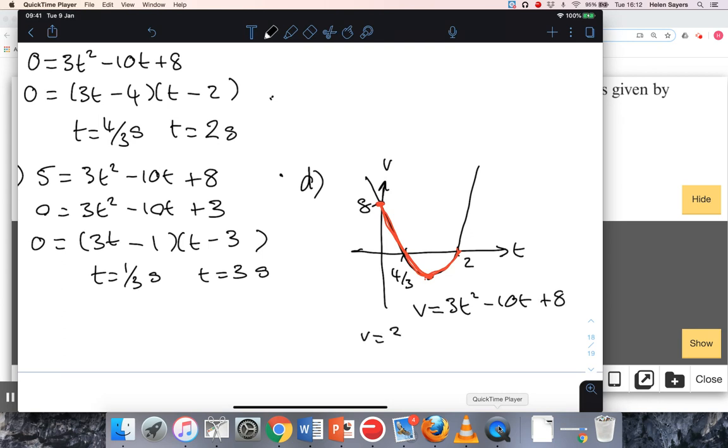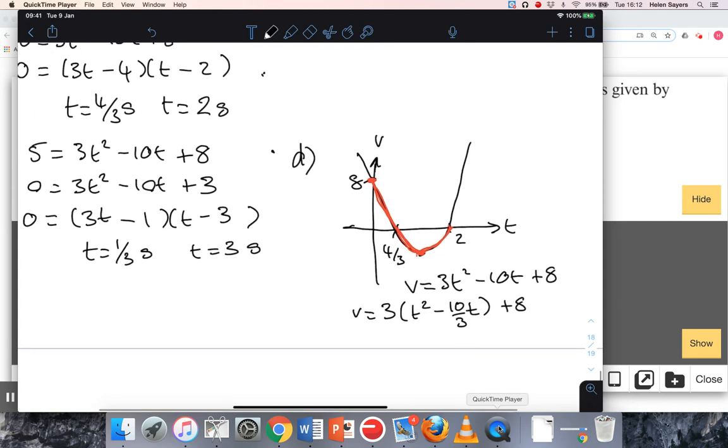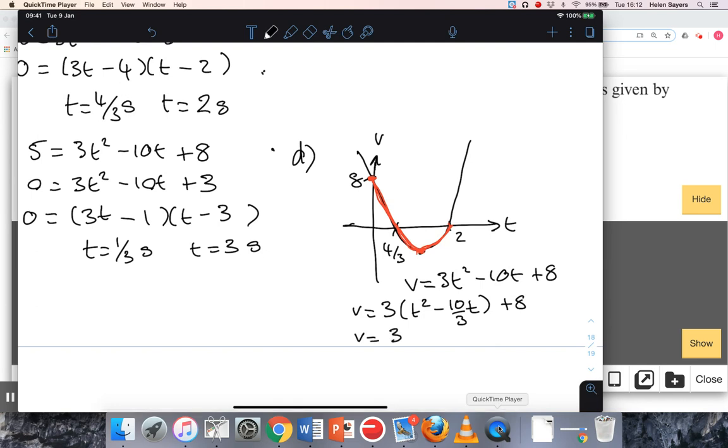If I'm going to complete the square, I'm going to take 3 out as a common factor. This just leaves the 8 on its own, that doesn't need to be factorised. And I'm going to halve the 10 over 3. I could have just put 5/3, but I've written that now. And I'm going to minus that squared, and I'm going to plus the 8.